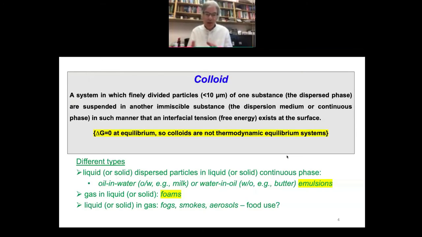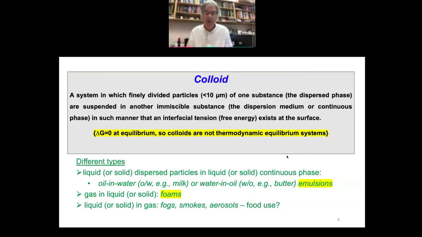As a result of that, we have a free energy or an interfacial tension between those two phases. So the very first thing to recognize is that a colloid system is not an equilibrium system. It's not in thermodynamic equilibrium. And if we require stability in a colloid, we need to build in kinetic stability to prevent this movement towards an equilibrium state.